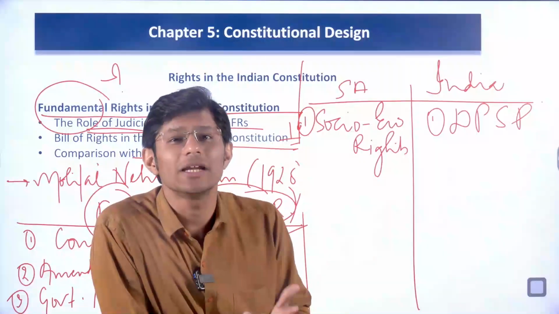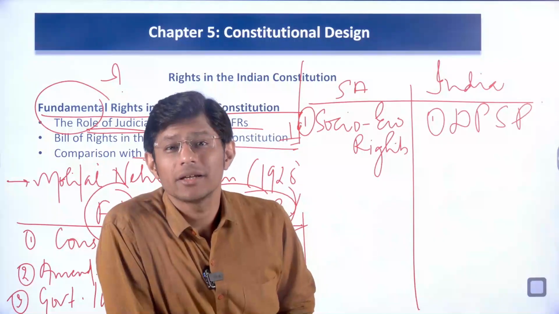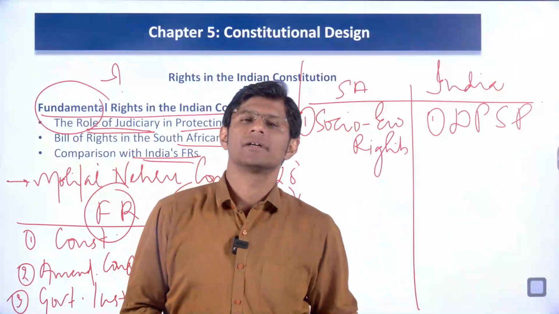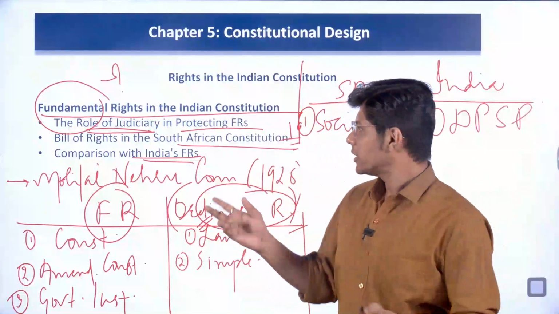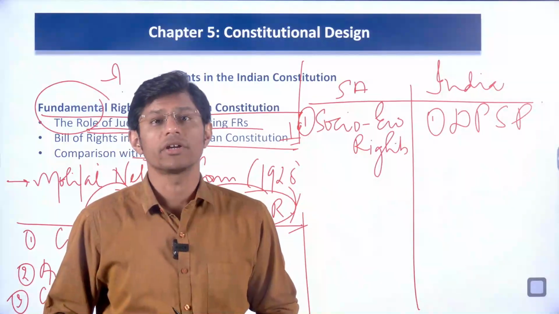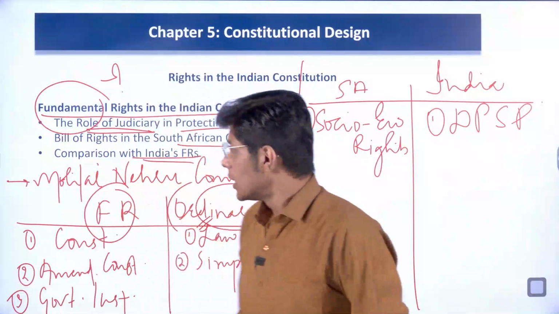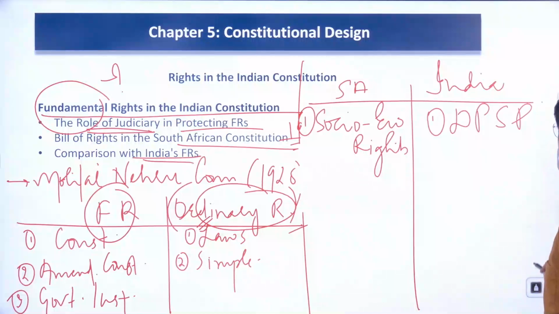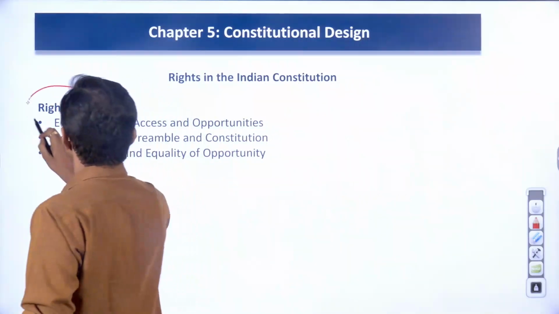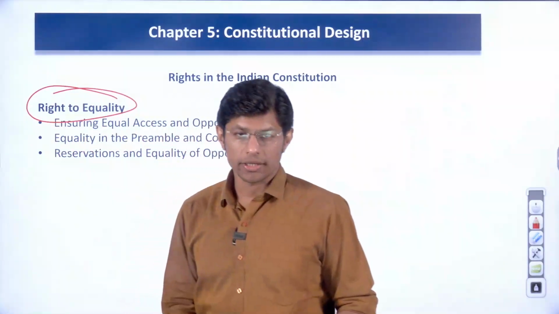It ensures legal protection and justice for all the citizens. So this is the difference between the Indian constitution and the South African constitution. Now students will understand each and every fundamental right of the Indian constitution one by one. We'll start with the right to equality.